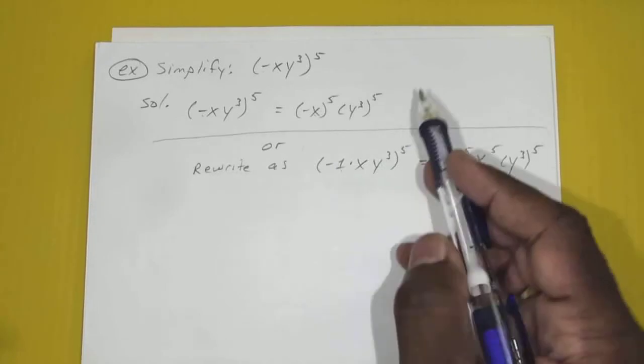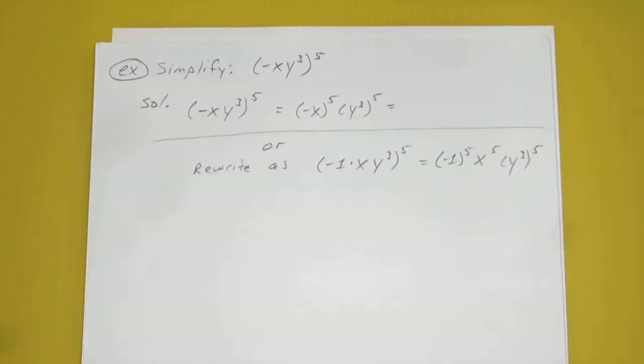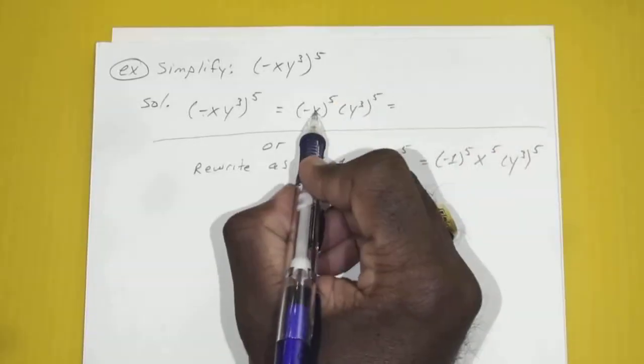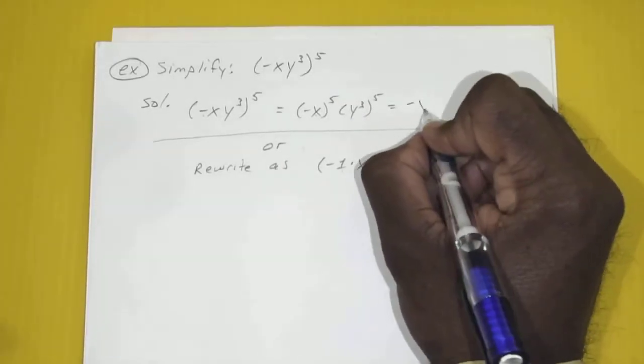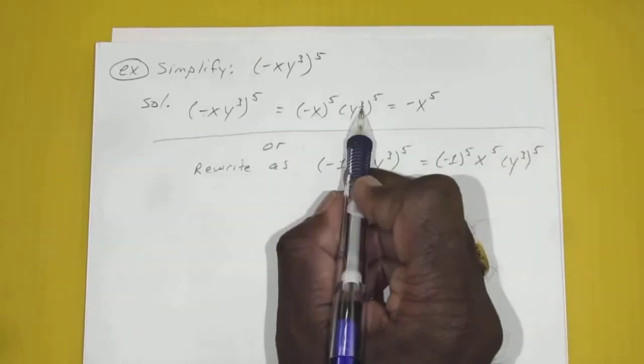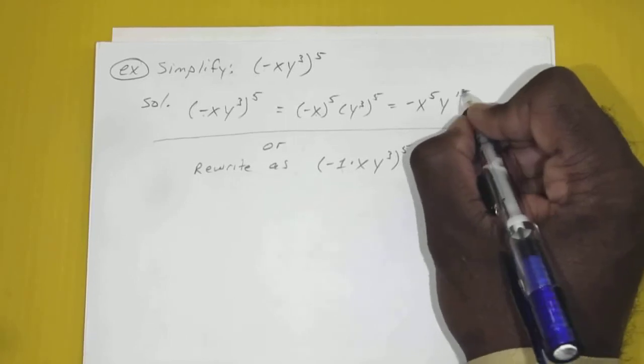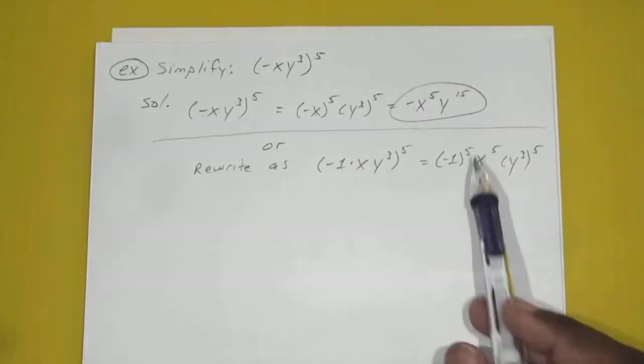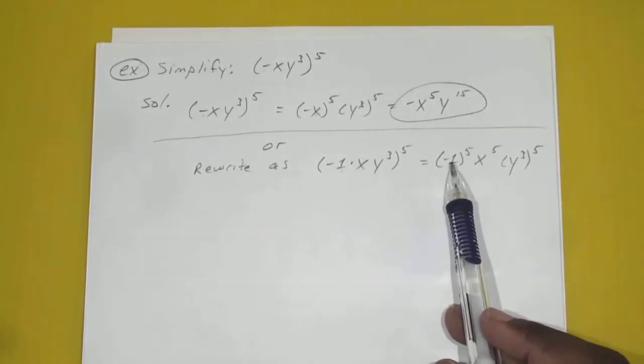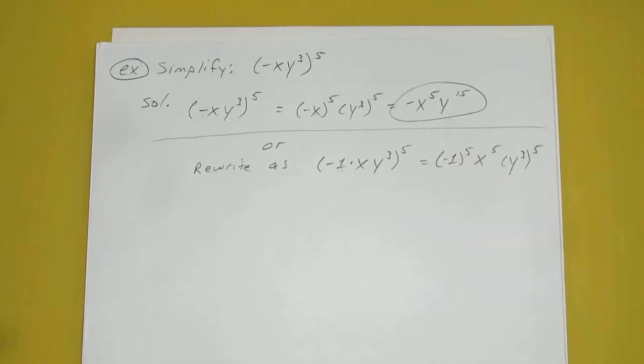Because for this one, you have -x 5 times, so you know if you have that odd exponent, it's going to come out to be negative. So that's going to be -x to the 5th times y to the 3 times 5, so that's y to the 15th power. So this one, if you multiply -1 5 times, it'll come out to be -1.